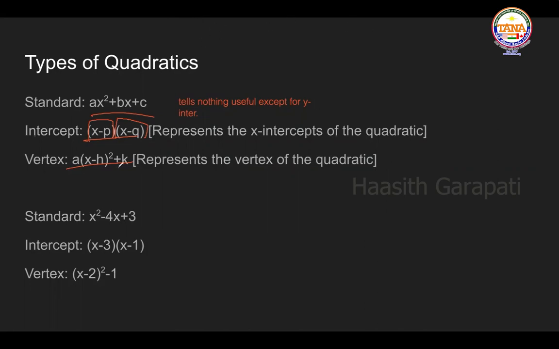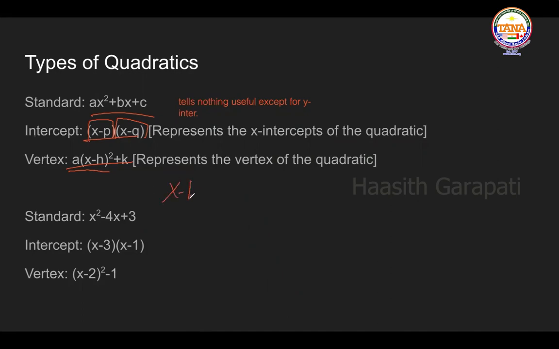The next one, the vertex form, tells you what the vertex of the quadratic is. Just a reminder, in a quadratic equation, the vertex is the highest point or the lowest point of the quadratic, okay? And I'll explain what each of the variables in the vertex form mean. So we have a times x minus h squared.